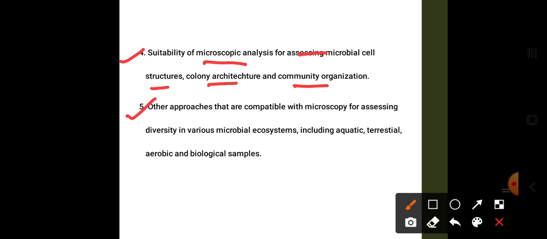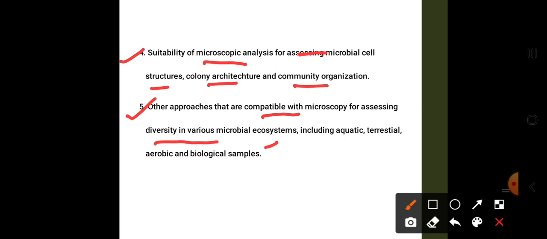The fifth criterion is approaches that are compatible with microscopy for assessing diversity in various microbial ecosystems. Here the approaches are those needed to assess the microbial diversity in the ecosystem.